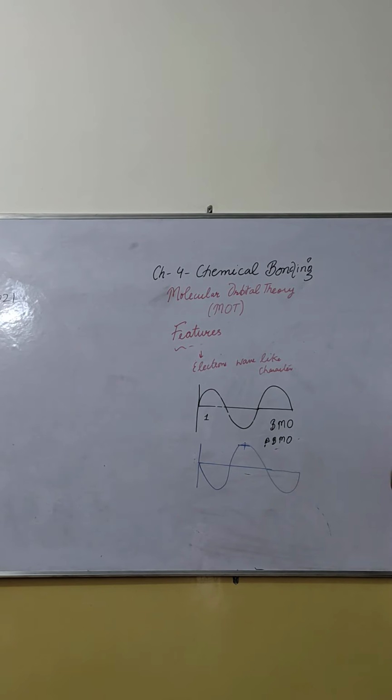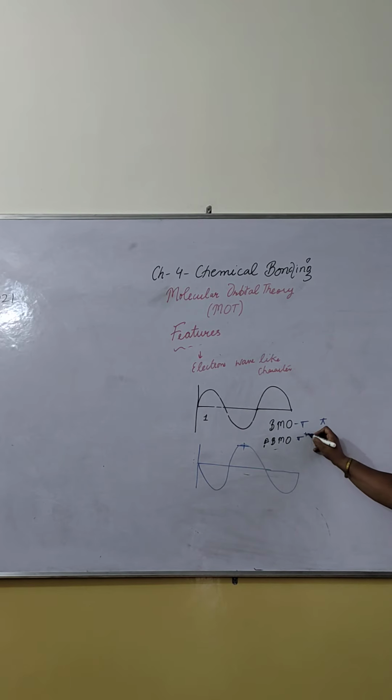Fine? Clear? How many molecular orbitals form? 2. Name them? Constructive and destructive. Bonding molecular orbitals are represented by sigma, pi. Anti-bonding orbitals are represented by sigma star, pi star.